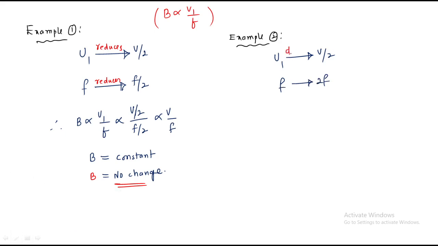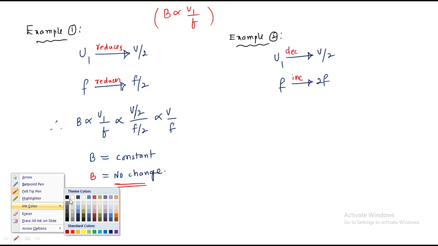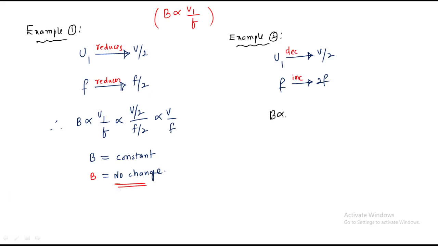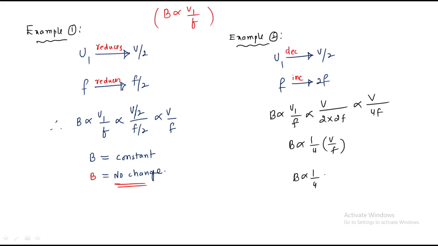Voltage decreases, frequency increases. Then what will happen? We know B is proportional to V1 by F, which is proportional to V by 2 into 2F, which is proportional to V by 4F, that is B is proportional to 1 by 4 into V by F, that is 1 by 4th of the previous value of flux density.